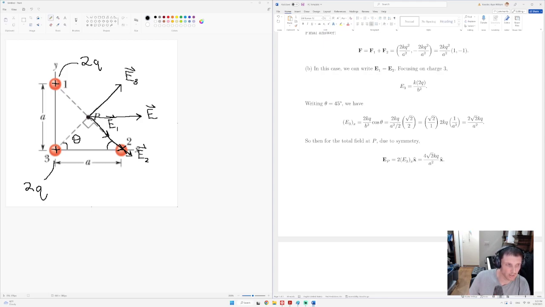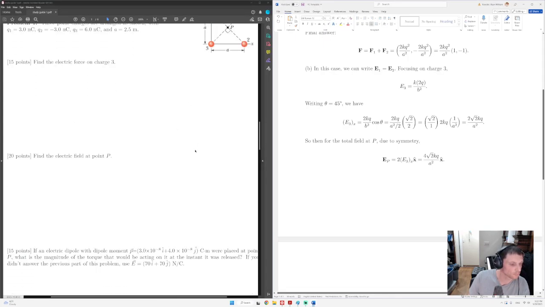We double that, and then we ignore the y component because the y components of these two will cancel out, as the sketch sort of indicates. Could have done a better job, but I think it's pretty good. Okay, so that's that. Cool.